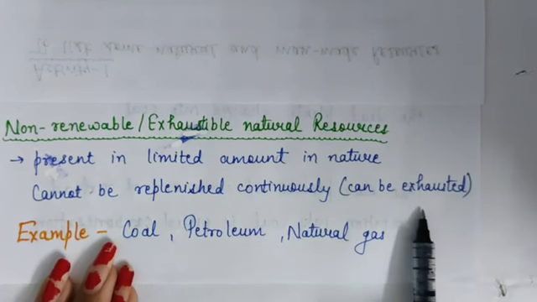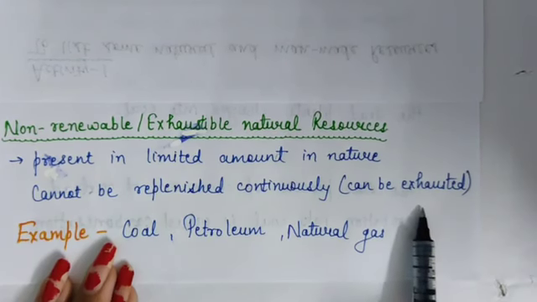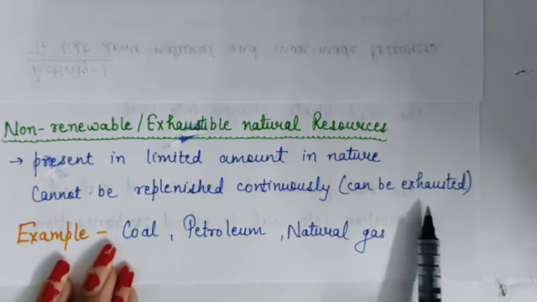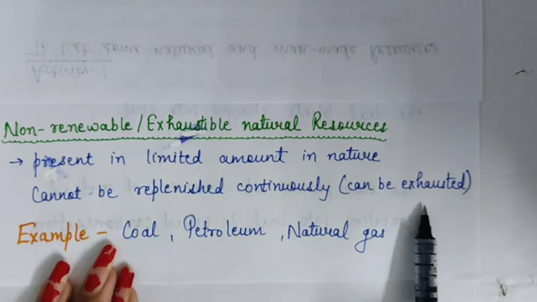Like all the fossil fuels that are formed from the decomposition of plants and animals which got buried under the earth. They are called non-renewable resources, because they take millions of years to be formed.